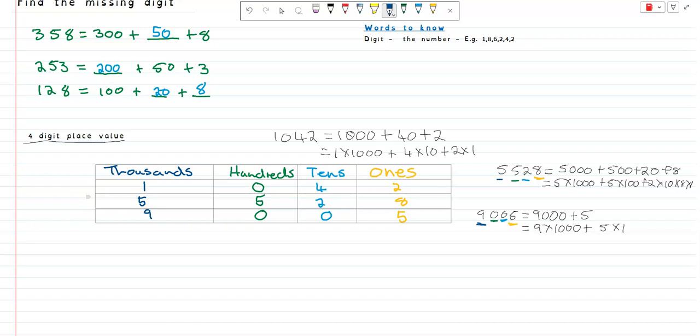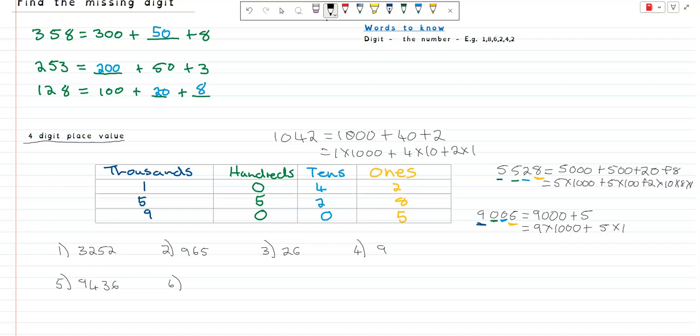Now let's look at the questions that you'll be doing by yourself. Question number 1, you have 3,252. Number 2, you have 965. Number 3, you have 26. Number 4, you have 9. Number 5, you have 9,436.